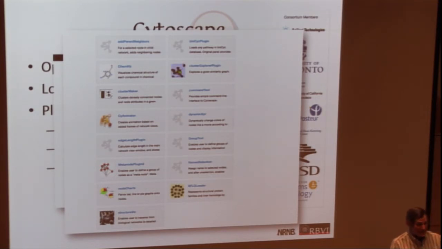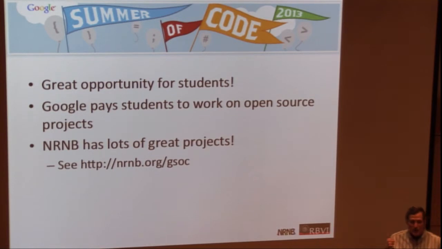So please consider this. If you have a student, particularly a really bright undergrad, who has no funding for the summer and would really love to get involved in something like this, then you should know about the Google Summer of Code. The National Resource for Network Biology has just applied to be a mentor organization again this year. This is the coolest program in the world.